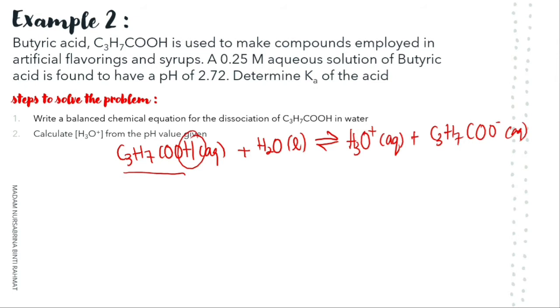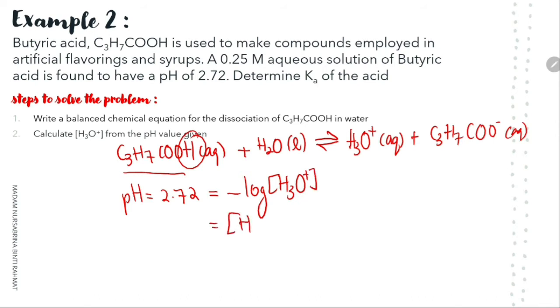So you were given the pH. pH equals 2.72, and the formula for pH is negative log H3O plus concentration. So if you want to calculate H3O plus, it's actually 10 to the power of negative pH, which is 2.72.